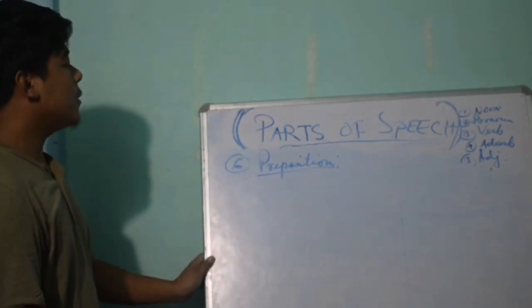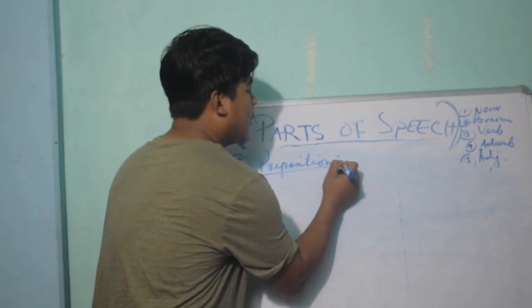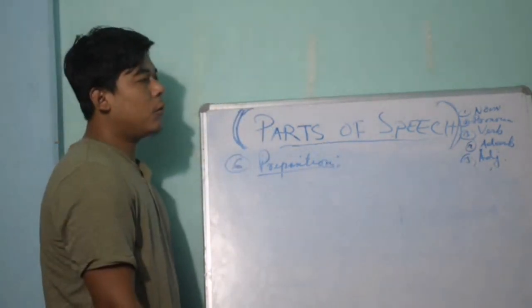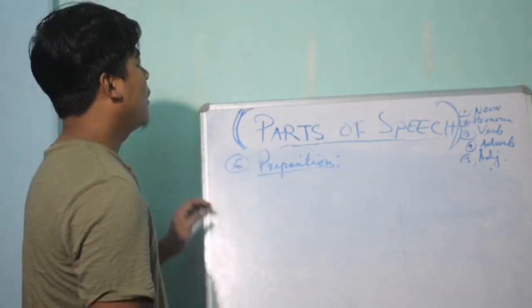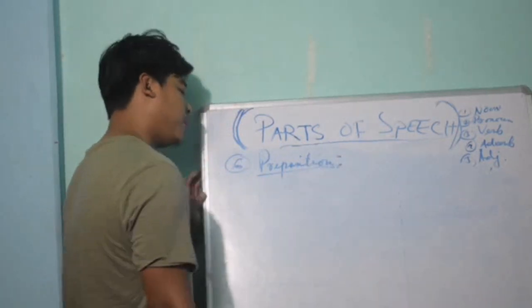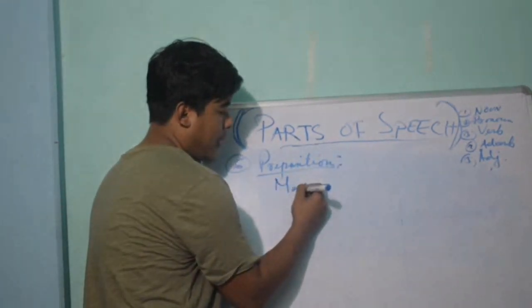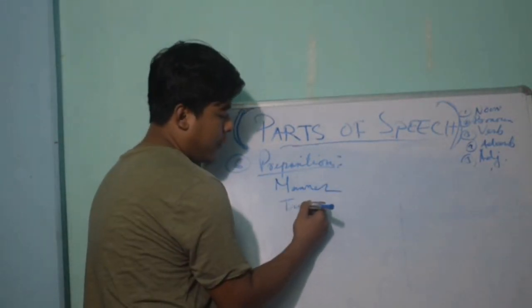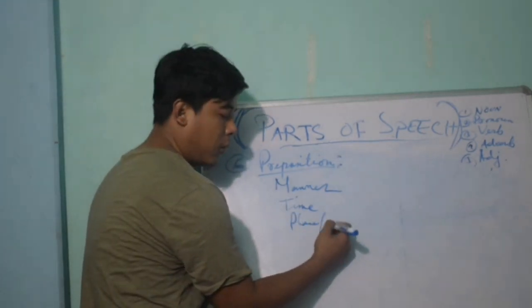So preposition is a word that tells us the relation between two or more words, a noun and a pronoun or a noun and a noun. It generally expresses the manner in which a thing is carried out. It can refer to time, it can refer to place or position.